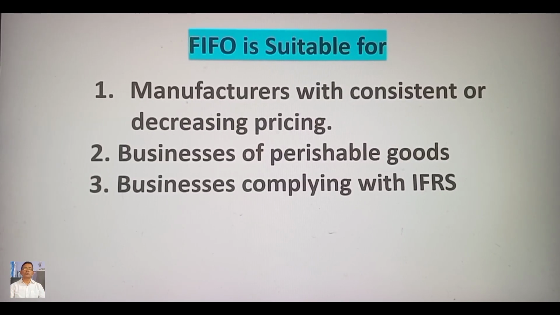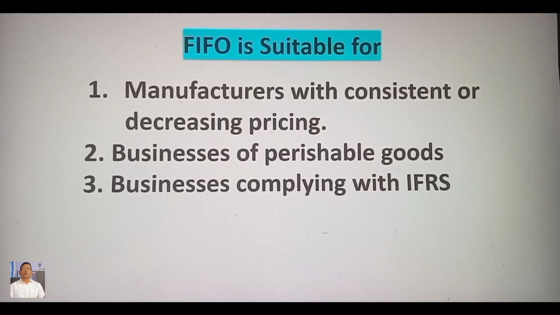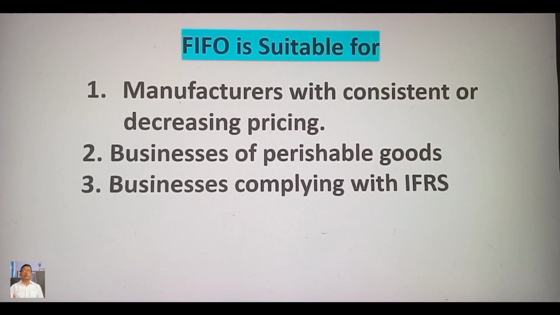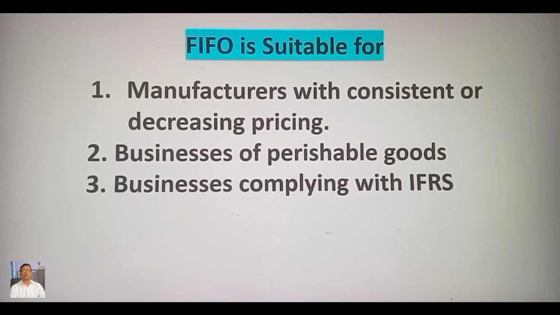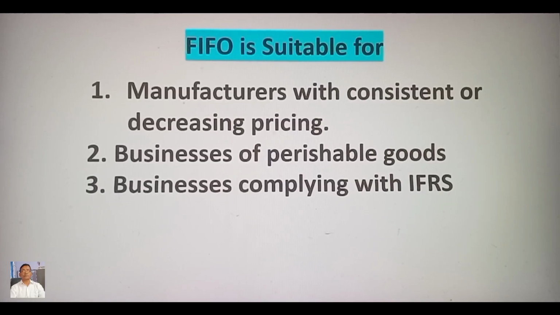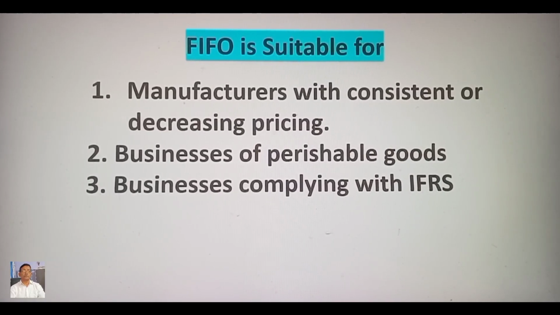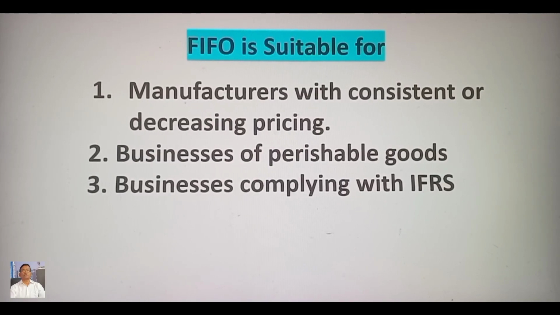Second, businesses of perishable goods, for example grocery stores, pharmacies, and restaurants dealing with expiring items rely on FIFO to minimize spoilage and maximize freshness. Third, businesses complying with IFRS, International Financial Reporting Standards. Companies operating in regions requiring IFRS adherence must utilize FIFO for inventory valuation.